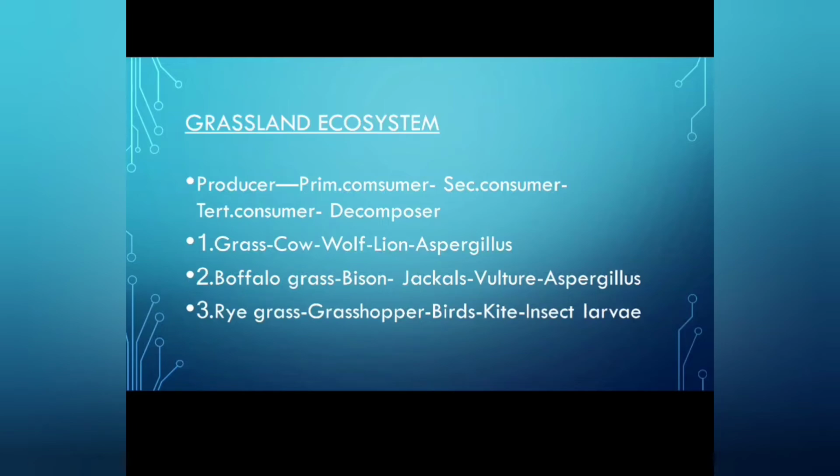In the third example, the producer is ryegrass, primary consumer is grasshopper, secondary consumer is bird, tertiary consumer is kite, and insect larvae are decomposers.